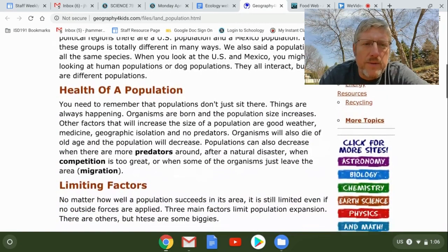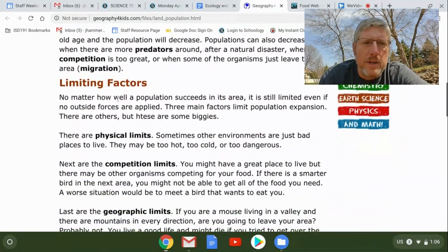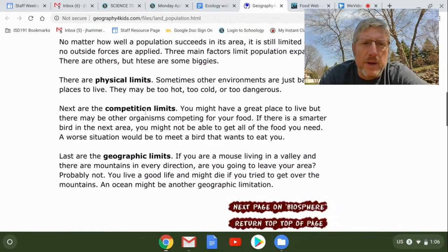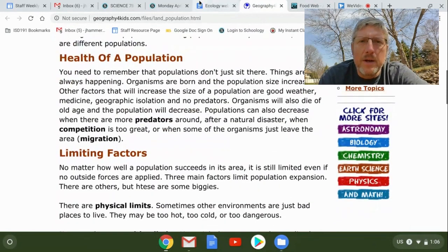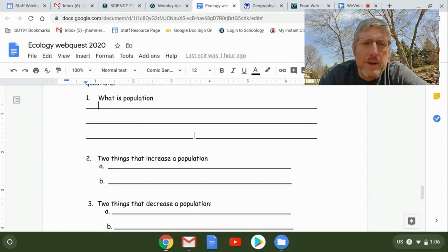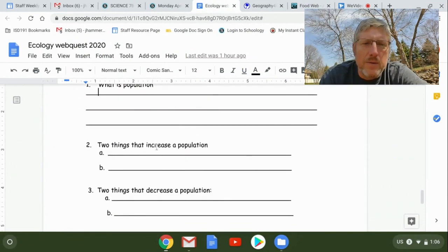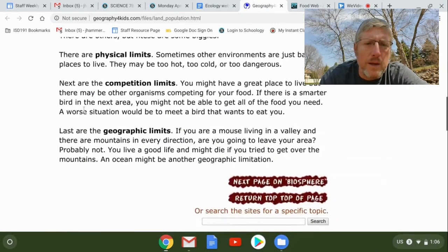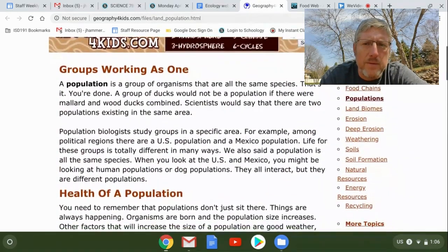You're going to read through this, and it's going to tell you about limiting factors, factors that limit the size of a population, which is over here, physical limits, competition limits. Then you're going to come back over here and type in what is a population, two things that increase a population, and two things that decrease a population. Where do you find that information? You read these short little paragraphs.